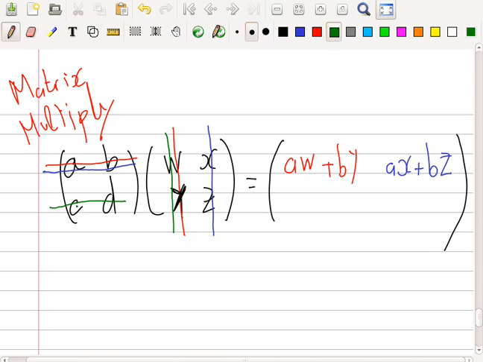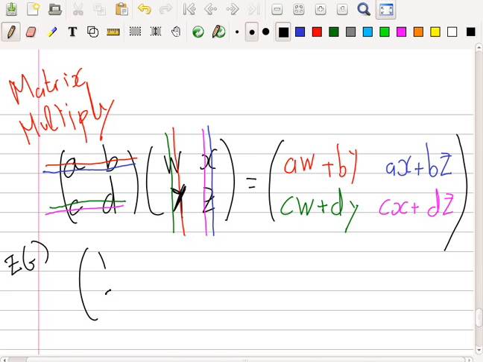So you get C times W plus D times Y. And in the last one, you take these two and multiply them by these two, and you get C times X plus D times Z.